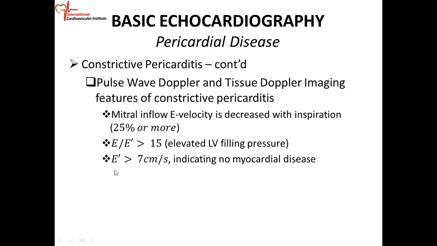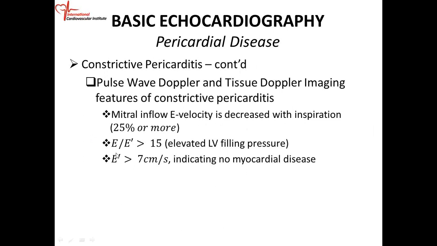The thing that is crucial though is your E prime, because it is not a muscle disease, so your E prime is usually very large, more than 7 centimeters per second, indicating no myocardial disease, no muscle disease. Constrictive pericarditis is a pericardial disease, it's not a heart muscle disease.